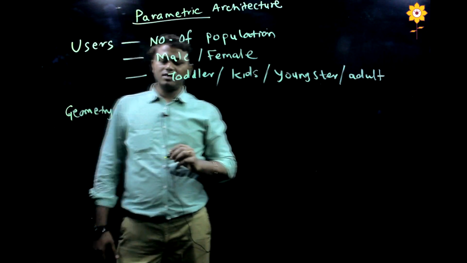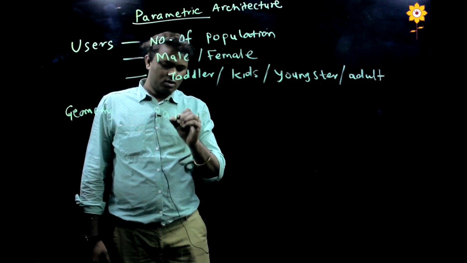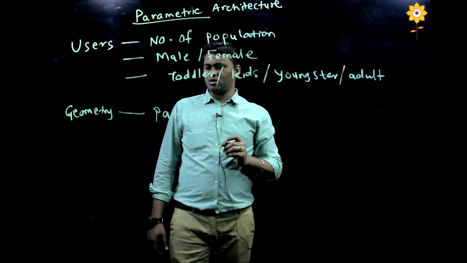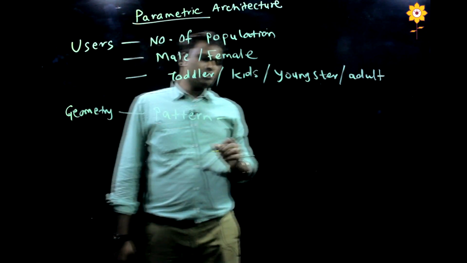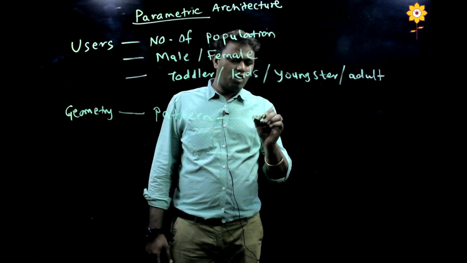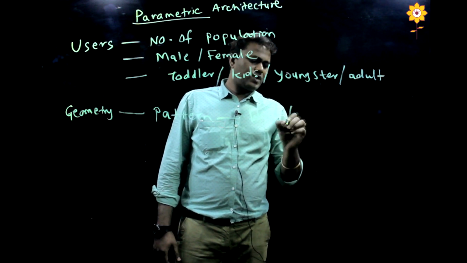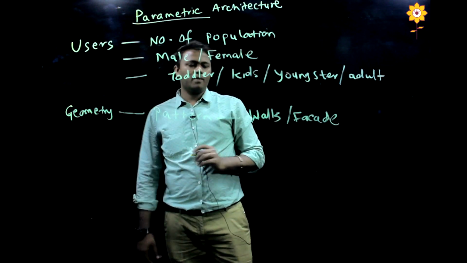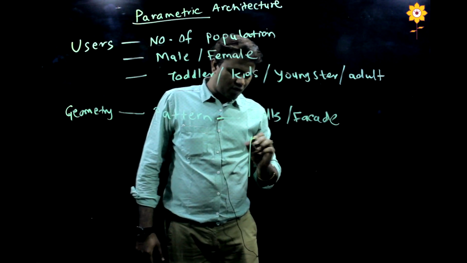So geometry is basically the patterns. Patterns are a very important thing. With these particular patterns we are designing the walls and facades. Okay, I will give an example. Suppose this is one of your walls.